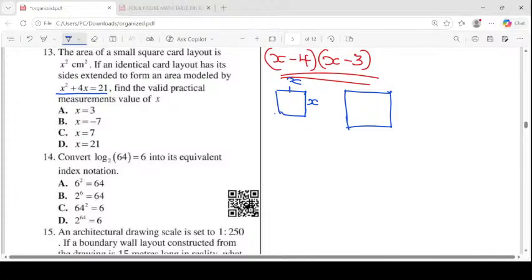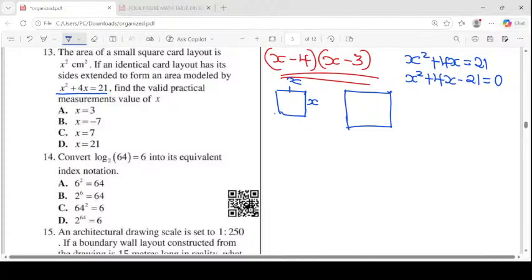So when I have x squared plus 4x is equivalent to 21, this can give me a quadratic equation such that I'll have x squared plus 4x minus 21 is equivalent to 0.